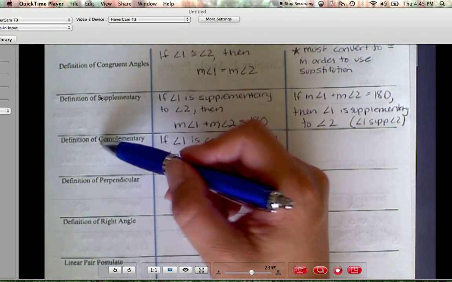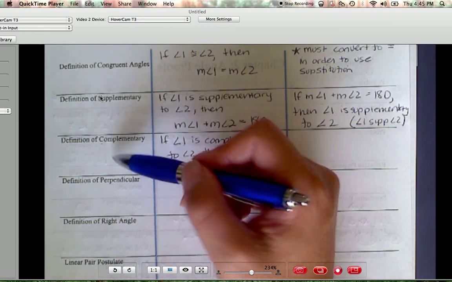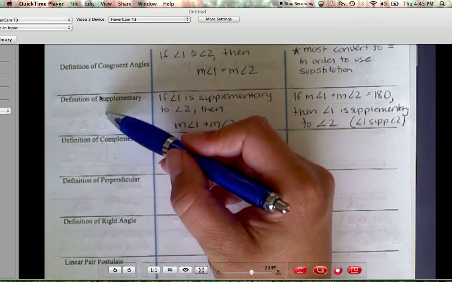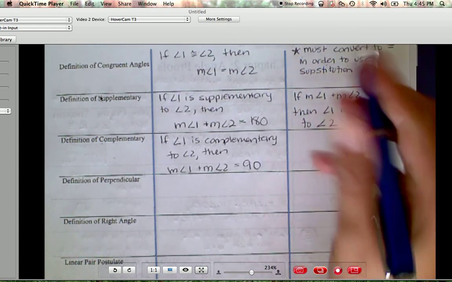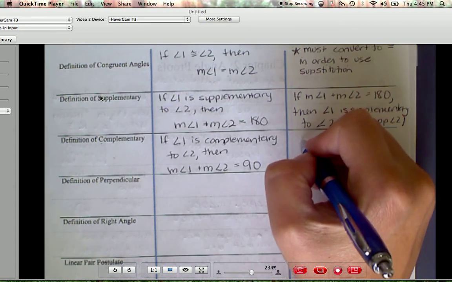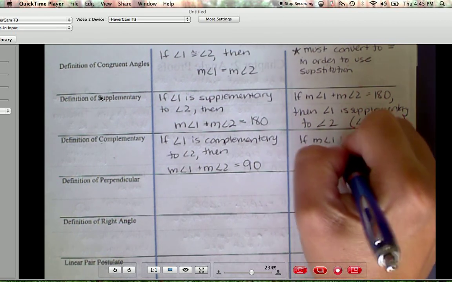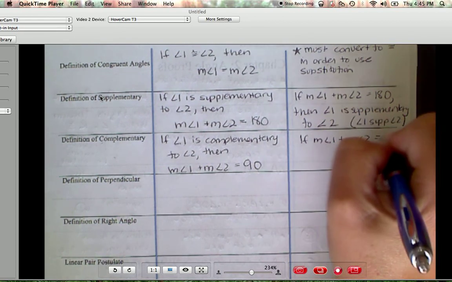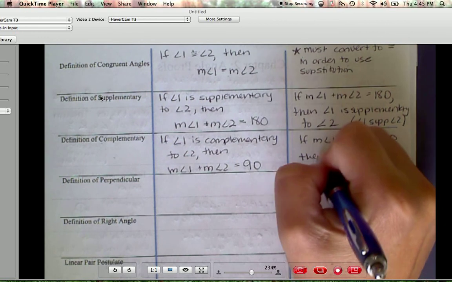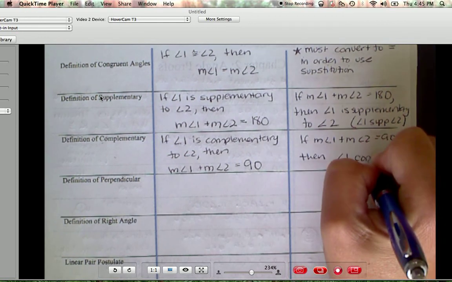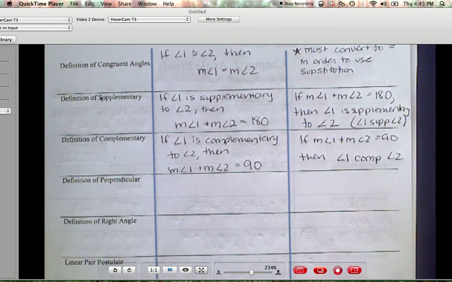Complementary, of course, comes first in the alphabet. That's the smaller one, 90. Supplementary comes later on in the alphabet. That's the larger one, 180. And the converse of this would be if the measure of angle 1 plus the measure of angle 2 equals 90, then angle 1 is comp to angle 2. All right.